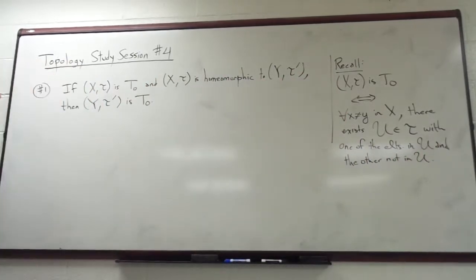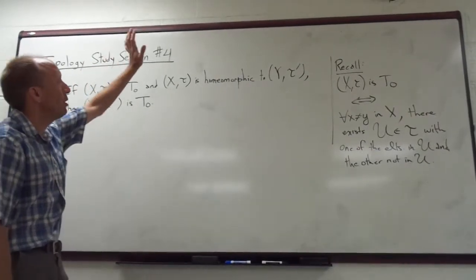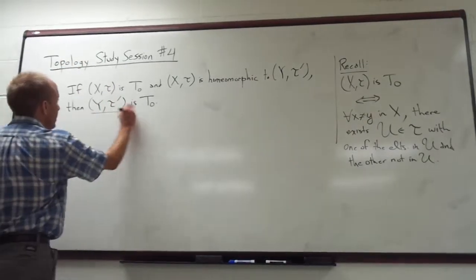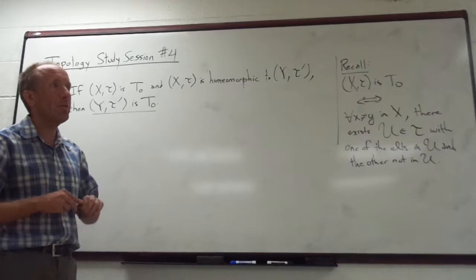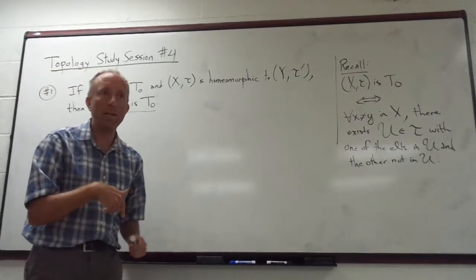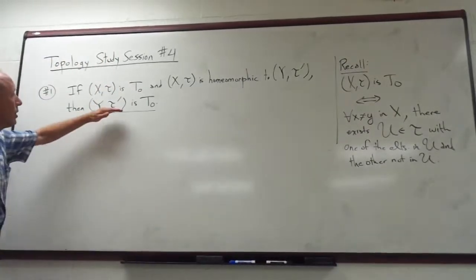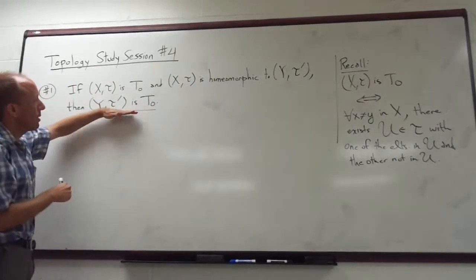Okay. So if we have a T0 space and it's homeomorphic to another space, we want to show that the other space is T0. I think you guys are going to be doing the same thing for Hausdorff in the next homework assignment, so this is a very similar problem. To show that Y is T0, instead of starting with the assumptions, I think you should start with the thing you're trying to prove.